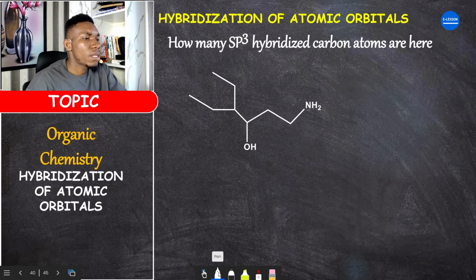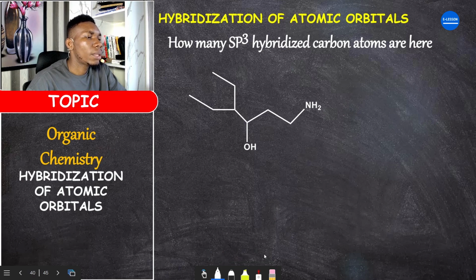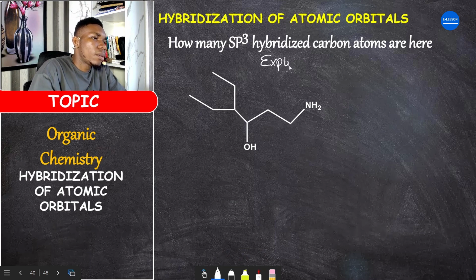Now, what's the problem solving strategy? First of all, we have to bring this structure out in such a way that we show all the hydrogens. Is that okay? So we have to show all the explicit hydrogens. 1, problem solving strategy. 2, show explicit hydrogen. That is the first one.